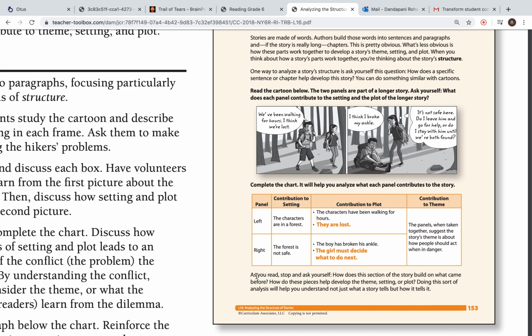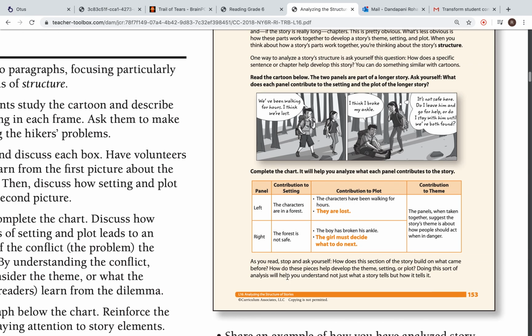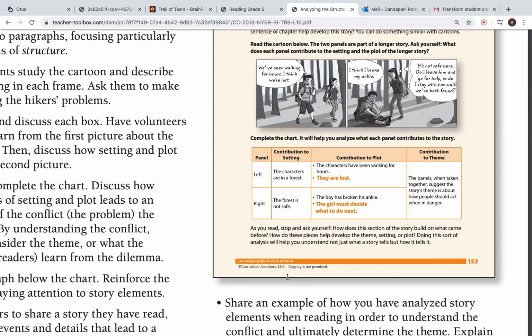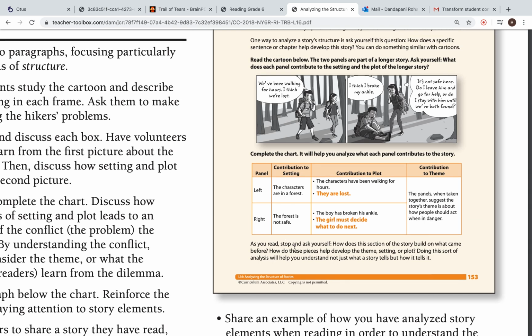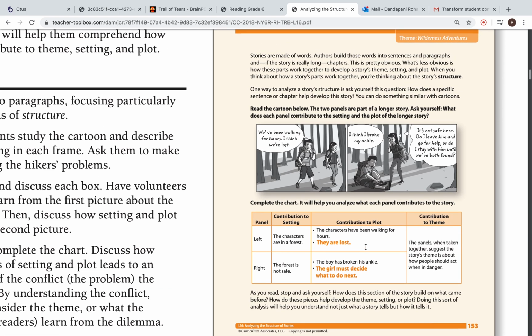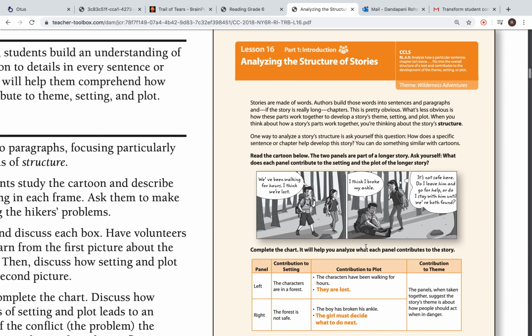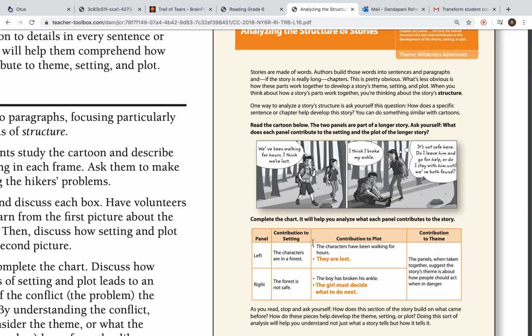Now, as you read, you want to stop and ask yourself, how does this section of the story build on what came before? How do these pieces help develop the theme, setting, or plot? So, doing this type of thinking will help you understand not just what a story tells, but how it tells it, right?